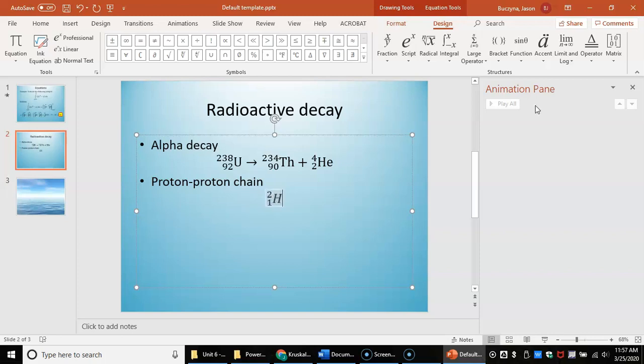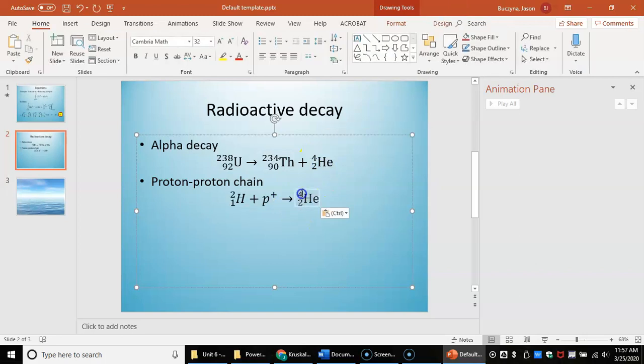Whoop, it did not unitalicize it for me, so I'll just do that later. Plus a proton, I could just call that a P plus, or a hydrogen 1,1, yields a helium-3 nucleus. Oh, I already have something kind of like that here, so I'm just going to write this and change that to a 3. That also ends up giving you a gamma ray. How did I get to the end so quickly? I did function right on this particular keyboard.